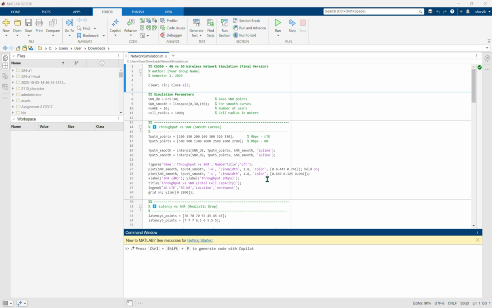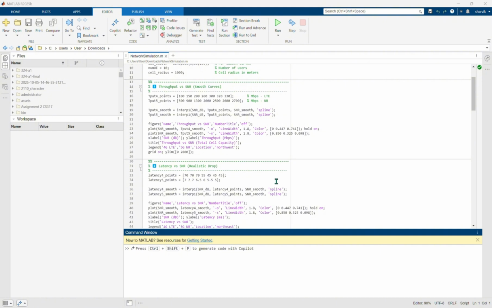For 5G, on the other hand, the throughput starts at approximately 500 megabits per second and increases gradually, peaking at nearly 2.7 gigabits per second. These points are then interpolated to generate smooth curves, showing how both technologies scale in capacity as signal quality improves.